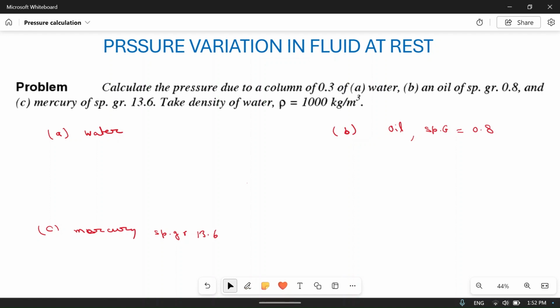Take density of water, density of water rho is equal to 1000 kg per meter cube.